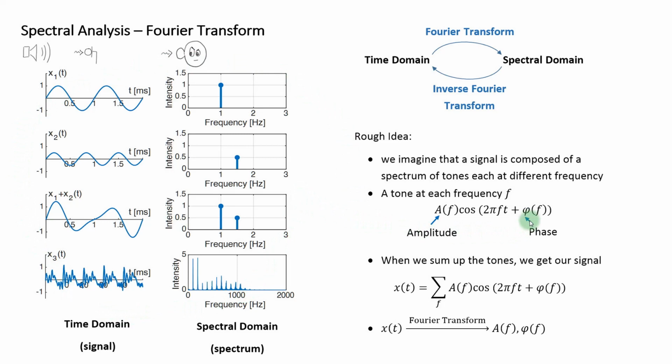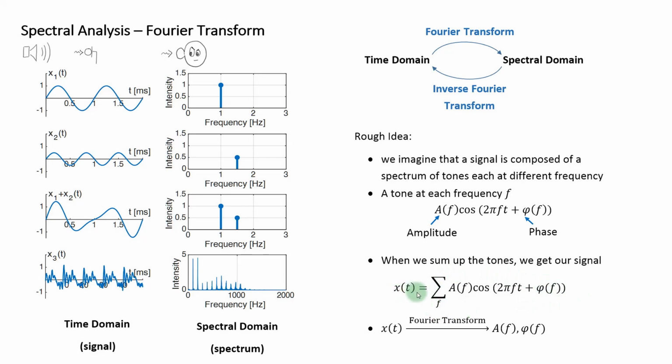Now these amplitudes and these phases are chosen so that when we sum up the individual tones we get our signal. This is how I can write it mathematically. When I take my tones with properly chosen amplitudes and properly chosen phases and I add everything together, I will get my signal.